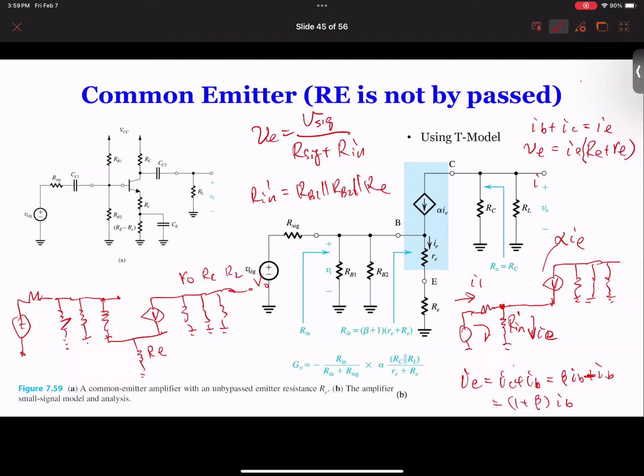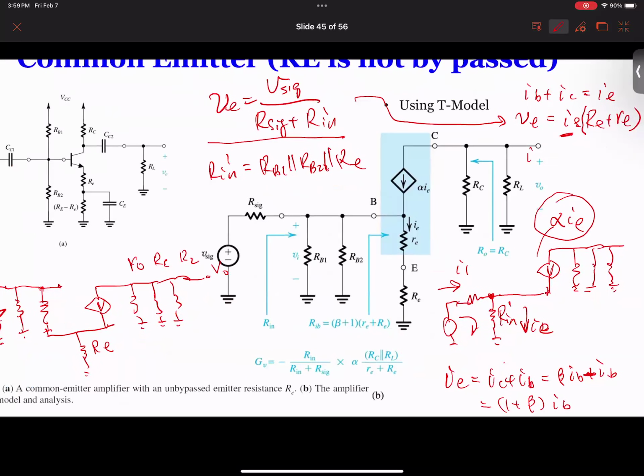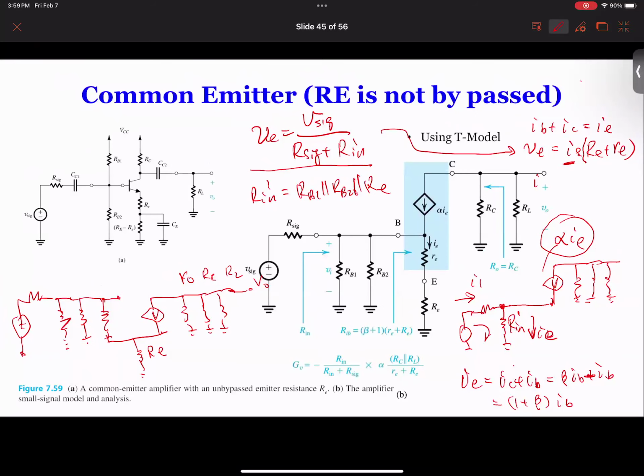So that's our VE, and from here we can calculate IE. So we find VE here, and then we plug in this VE, and we can calculate IE. Once we find IE, we can use it to calculate the current, and then plug in that current, we'll finally get the voltage. I don't have a place to write it, maybe next slide.